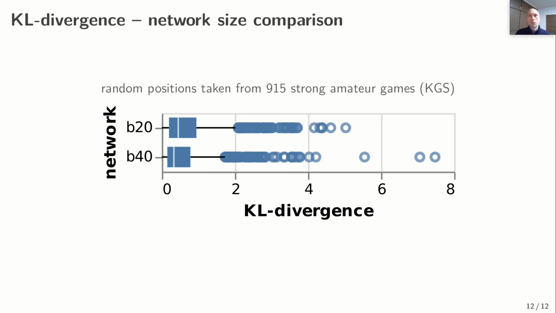Then there's also the question of what the network size's influence is. We looked at random positions taken from strong dan-level amateur games, and it seems that, at least for these games, there is a difference. The bigger network has slightly better performance in the sense that the KL divergence is smaller.